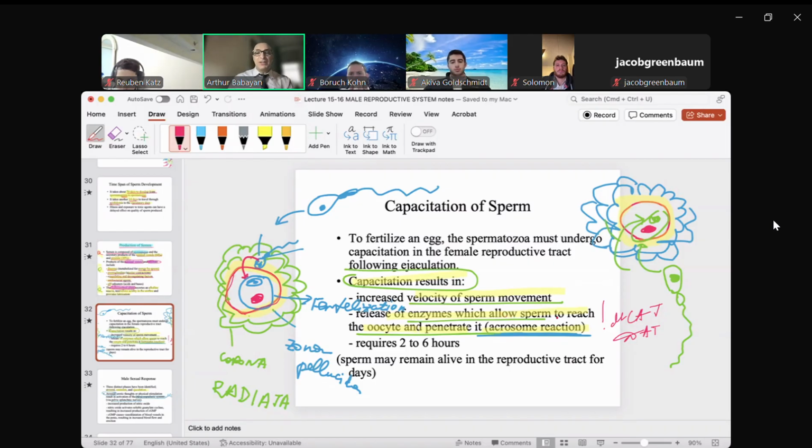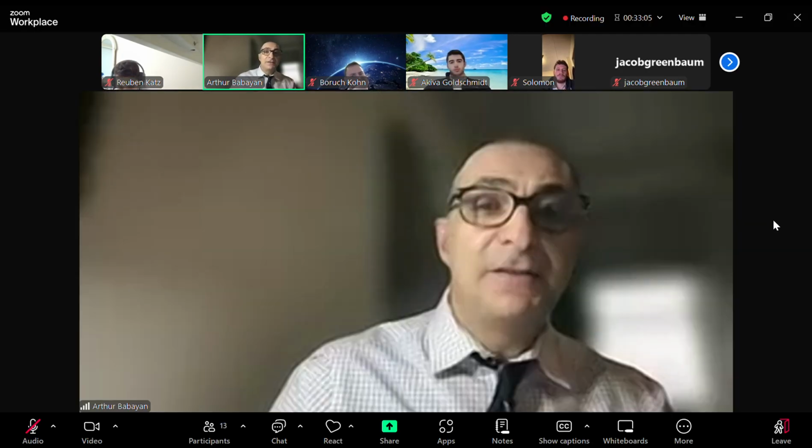Enzymes which allow the sperm to reach the oocyte and penetrate are the acrosomal reaction. This is an MCAT exam, VAT exam question. This is the same mature egg, with the zona pellucida in yellow and the corona radiata in blue, and the spermatozoa moving toward the mature egg to make the process of fertilization.